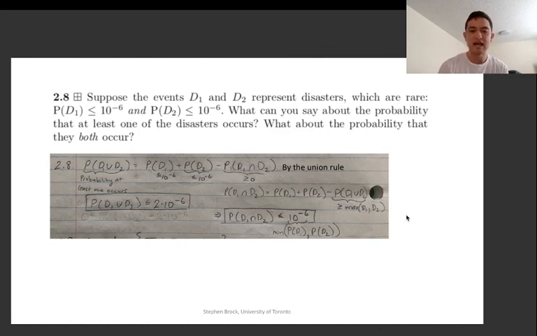But we can see that if one of them is within the other, then the probability of the union is really the max of the probability of D1 or D2. And if we have that, then one of D1 or D2 is going to cancel with this probability here, and we're left with the other. And we know that the other has to be 10 to the negative 6. And that is actually the minimum of the probability of D1 or the probability of D2.